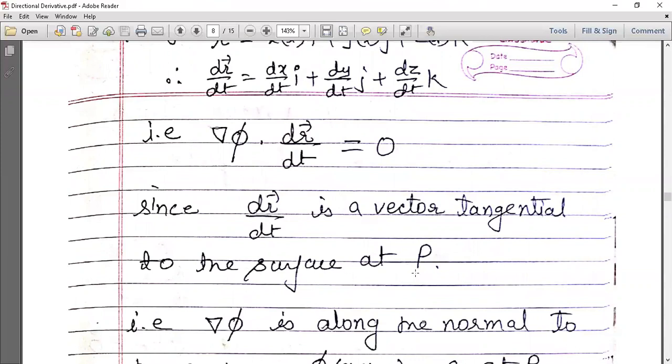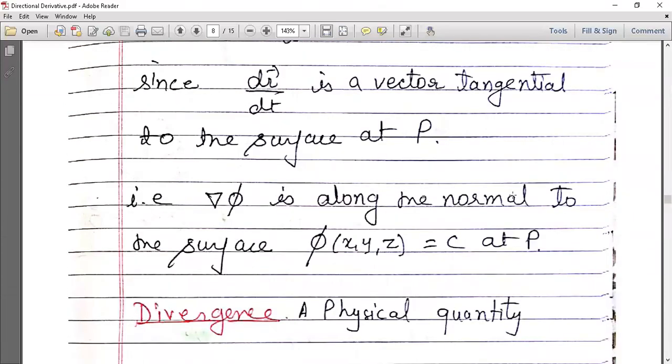This is only to explain it to you. Always remember that when we multiply the gradient and the tangent, they are perpendicular, so the result is 0. So del phi is along the normal to the surface at this point.